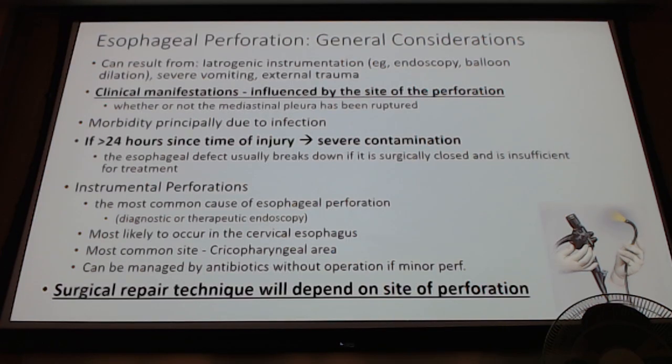And then, depending on whether or not the mediastinal pleura has been ruptured, if it's up in the neck, you may have subcutaneous air in the neck above the clavicles. If it's lower mediastinum, you may actually have pneumomediastinum. It really just depends on where the rupture is.